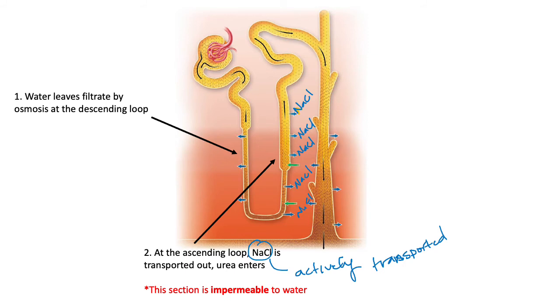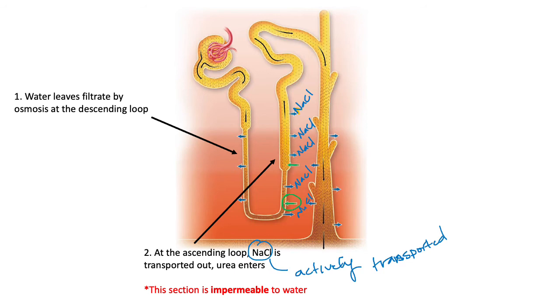At the same time, this is also allowing urea, which is shown by the green arrows, to enter the nephron, and that's good. We want urea to be part of urine, so it allows another molecule to move in and become part of the filtrate. So descending loop, water has left. Ascending loop, water cannot leave.